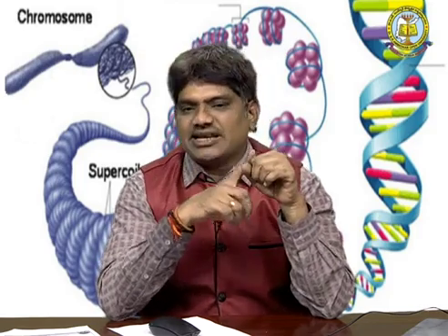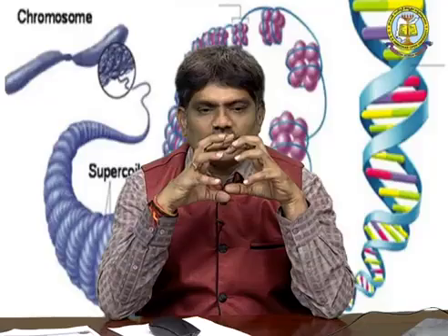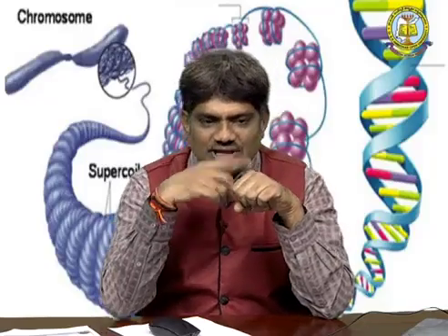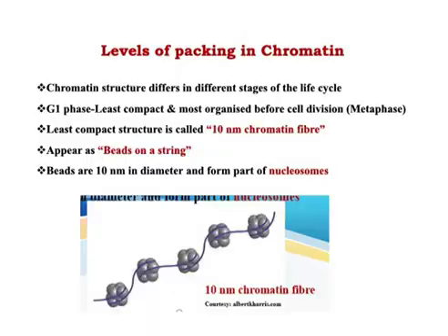H2A, H2B, H3 and H4 combine with the DNA, whereas the H1 protein is a linker protein. It interconnects the 2 beads, which is why it is a link protein, so that it forms a chain-like structure, a chain with beads.